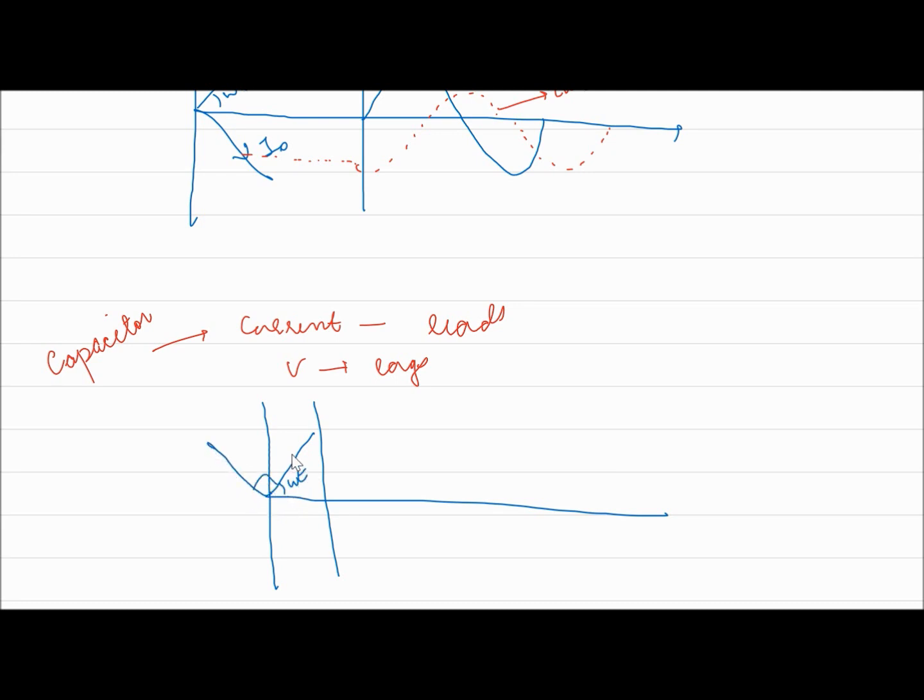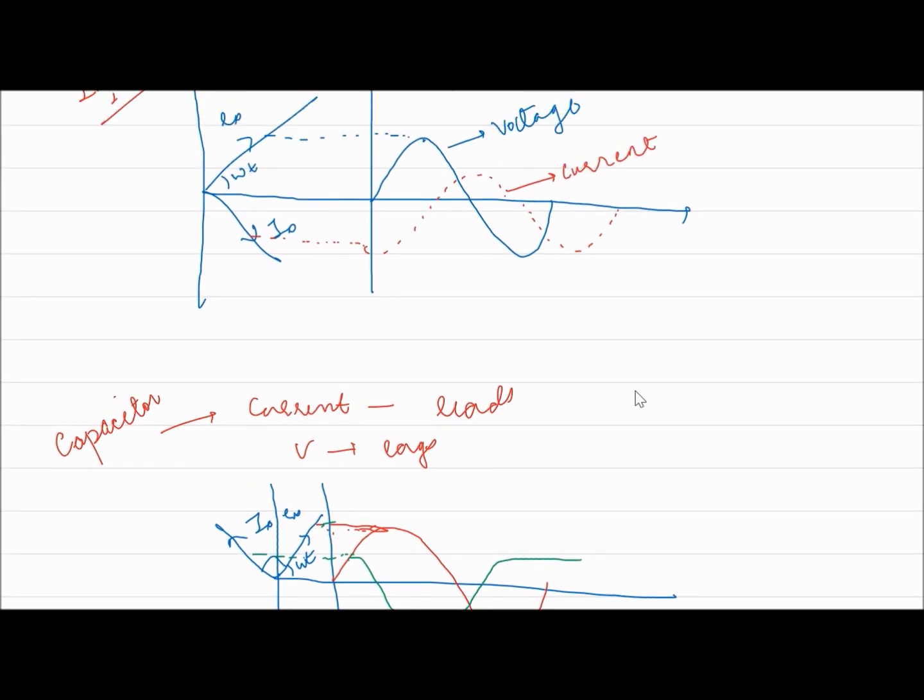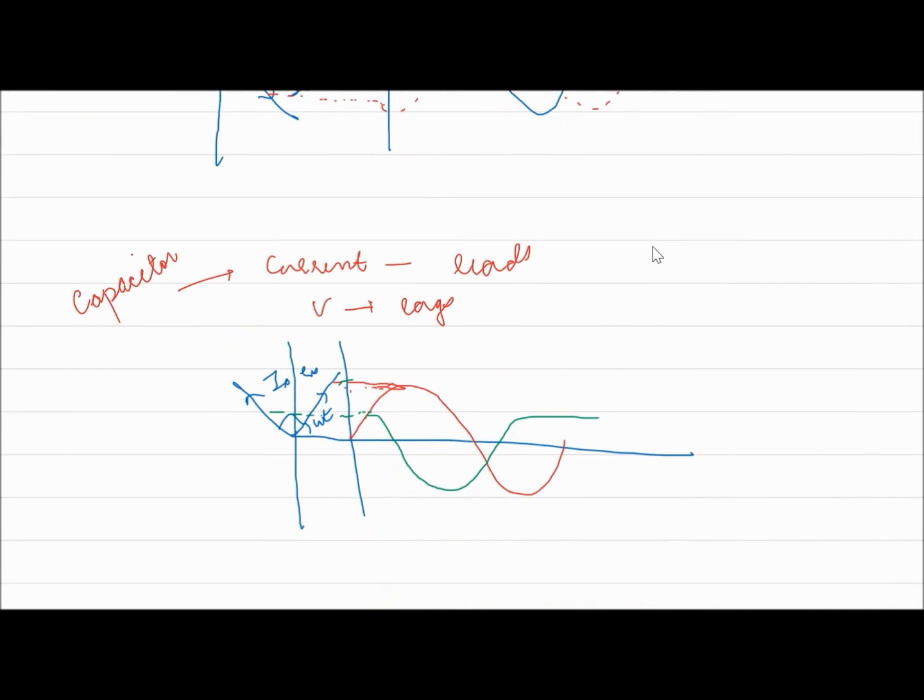This is 90 degrees. Here we have E naught. Here we have I naught. And for I, the curve is like this. This is how both the graphs look. This is for the inductor and this is for the capacitor.